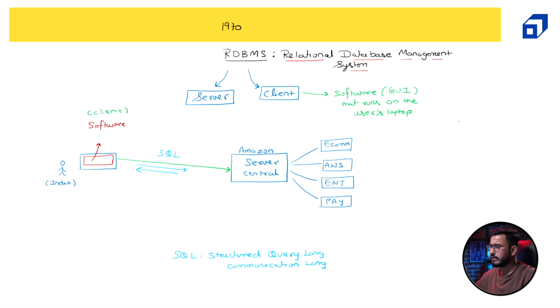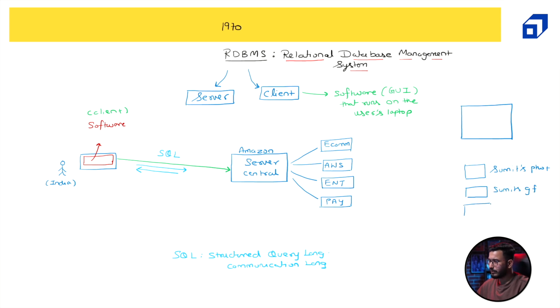If I take a very simple example, let's say I'm having some files or maybe some photographs. Let's say I have some 1,000 photographs, out of which some photographs belong to me, so Sumit's photographs. Some photographs belong to my girlfriend, so Sumit's GF. Some belong to my parents, so Sumit's parents.